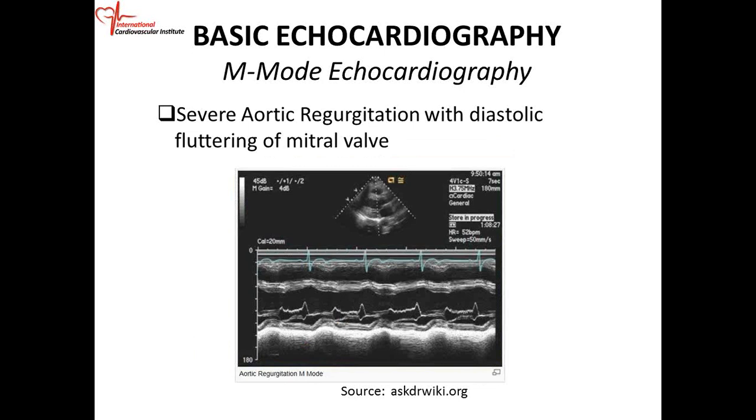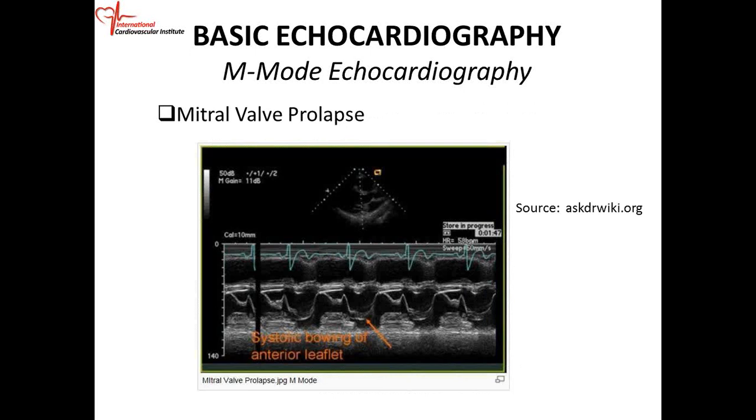But one of the first things you're going to get is what we call the fluttering of the anterior mitral leaflet. So this little wavy thing is the fluttering. Okay, so, fluttering of the anterior mitral leaflet. So you need to know the pathologies. All right. Mitral valve prolapse.